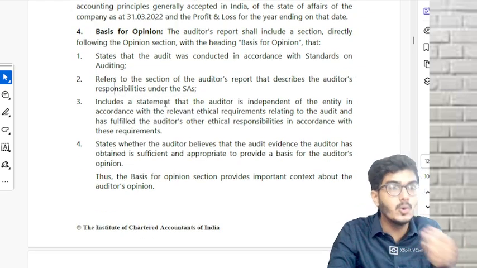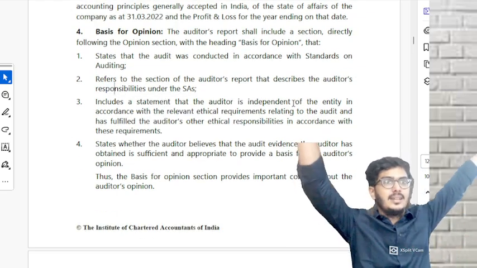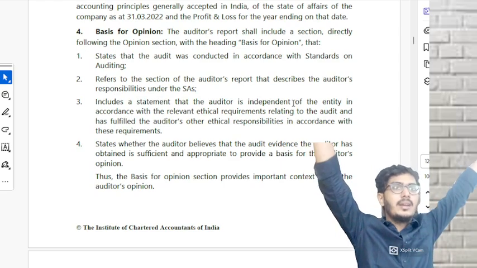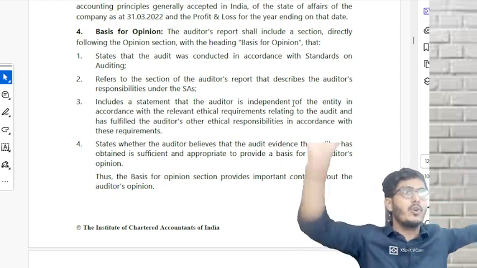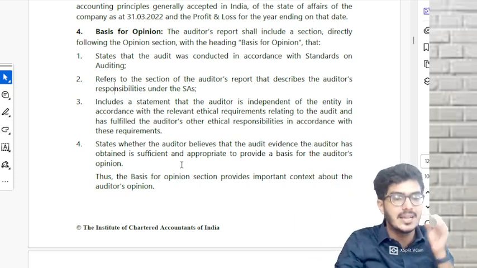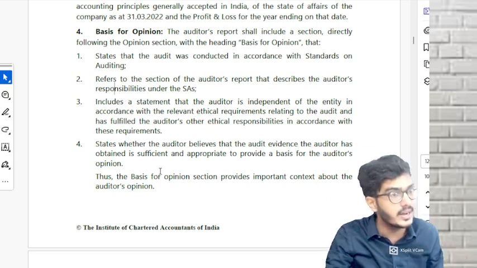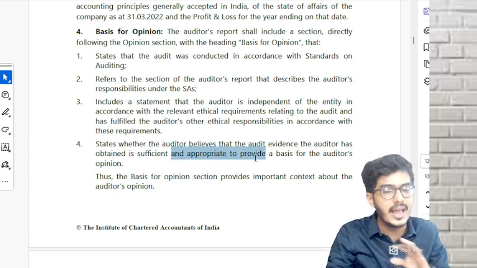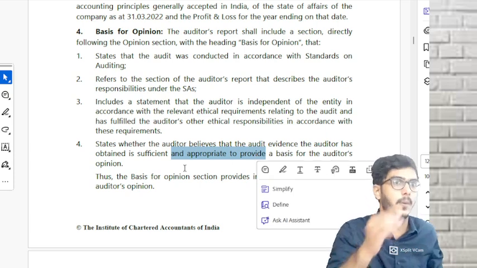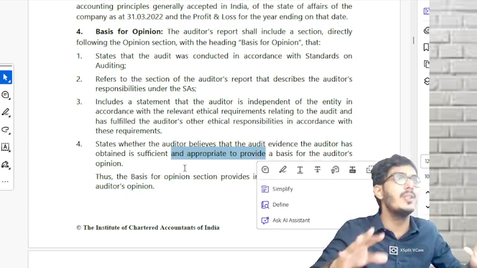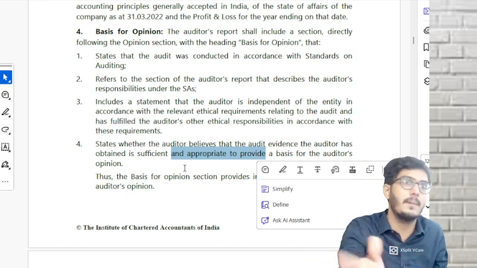Include a statement that the auditor is independent of the entity and followed all the ethical requirements. And last one, state whether the auditor believes that the audit evidence obtained is sufficient and appropriate for the basis of the auditor's opinion. State that you have obtained all the relevant audit evidence on which your opinion is based.